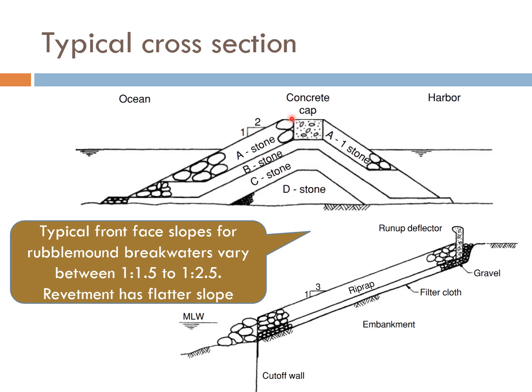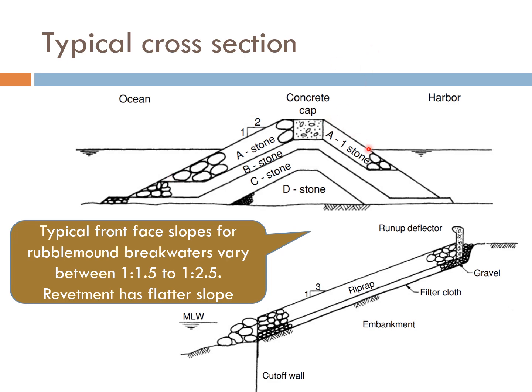The rubble mound structure will be sloped on both sides, but the slope on the seaside typically will be more gentle in order for the armor unit to remain stable under storm attack.